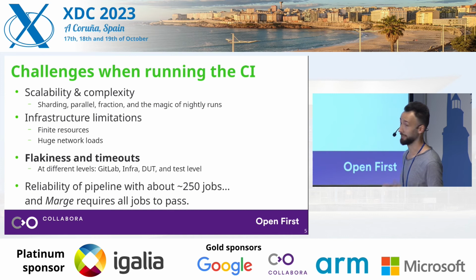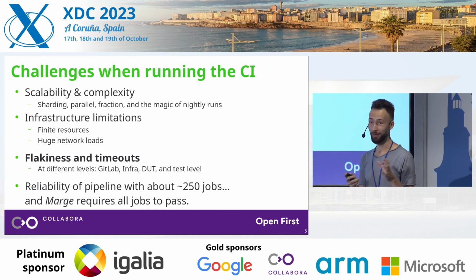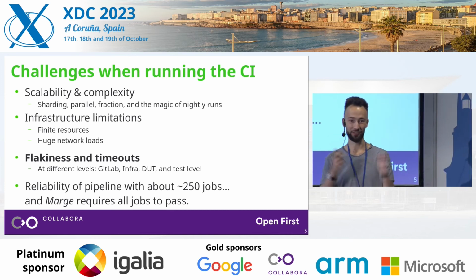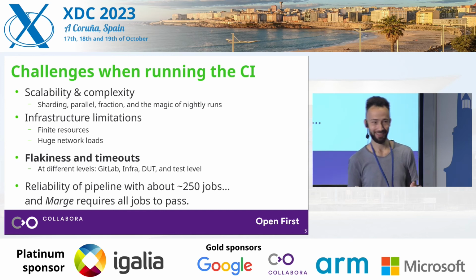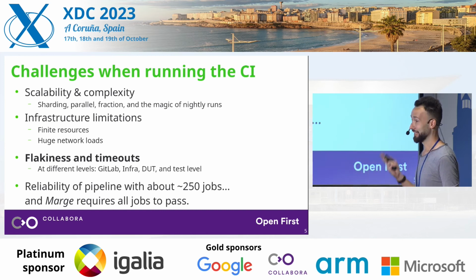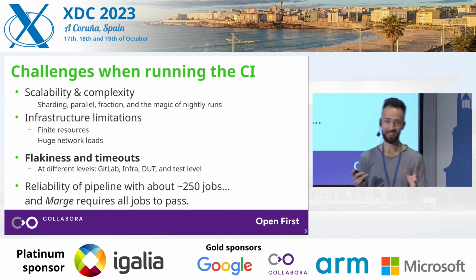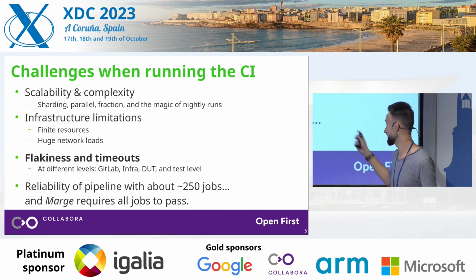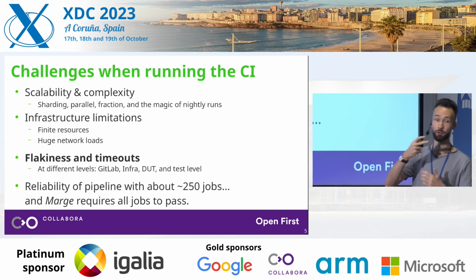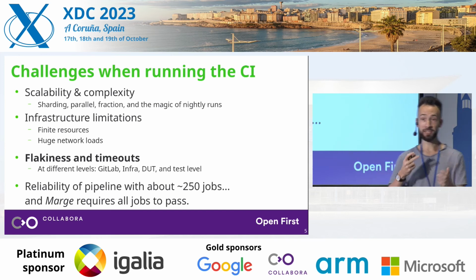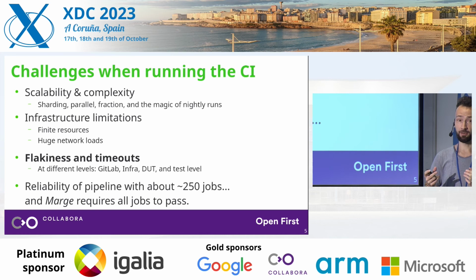Nice. So the main challenges which you may spot sometimes when something doesn't work are scalability and complexity. We run a lot of devices, and all these devices have to succeed to get your code merged. Because if we keep something as may-fail, no one will ever fix it.